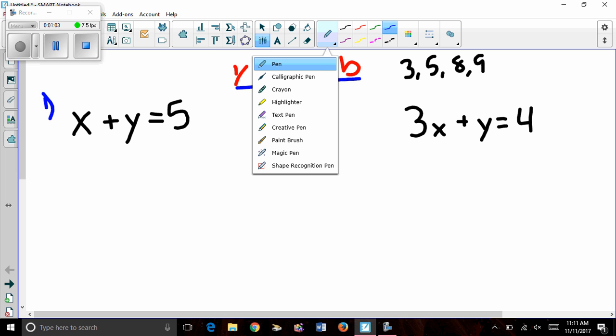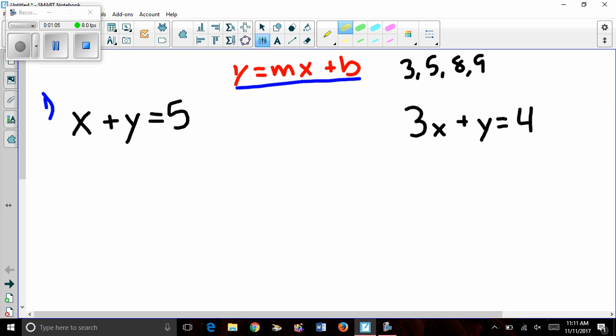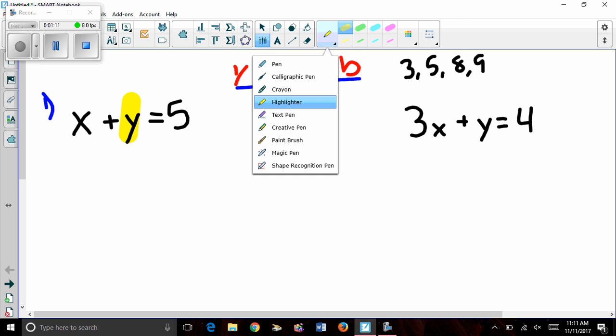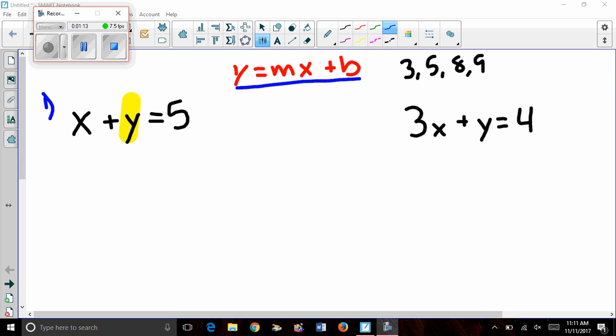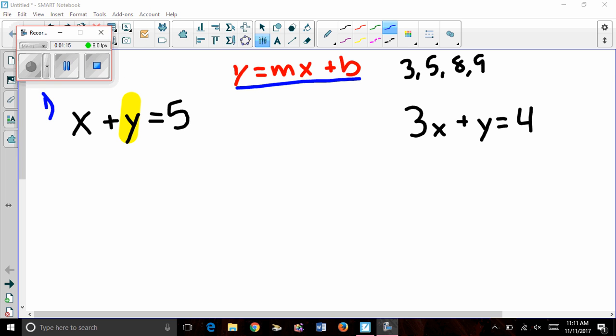If you take a close look, our goal is we need to get y all by itself. And if you notice, there is this x over here on the left side that is in the way. One of the things we need to remember is that there is a plus 1 in front of that x.